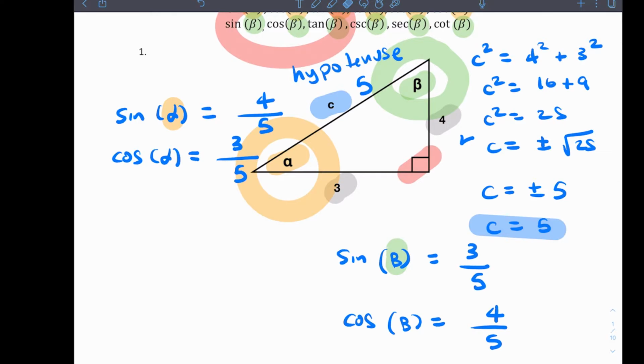And the last ratio, tangent. So I want to compare and contrast these here. Tangent is really what? Is it opposite over adjacent for tangent? So tangent of alpha: alpha's there, the opposite side is 4, the adjacent side is 3, so this is 4/3.